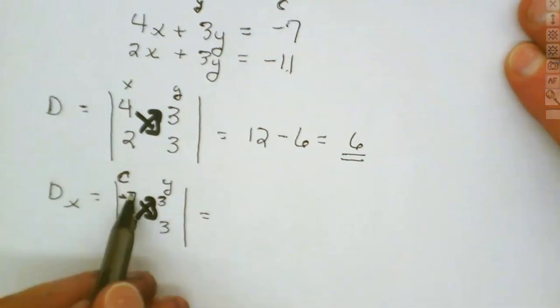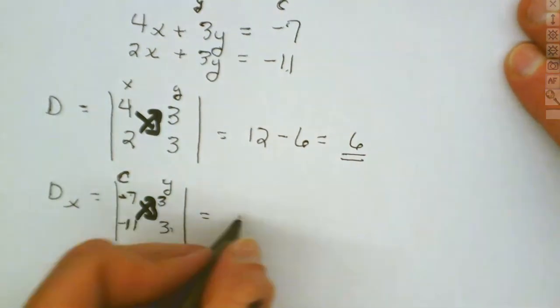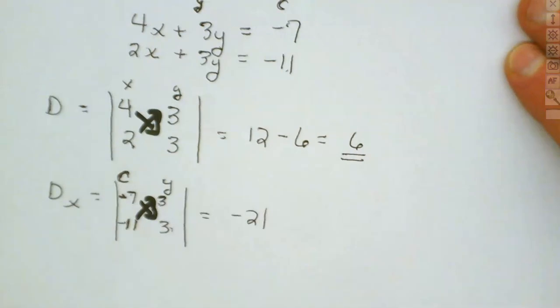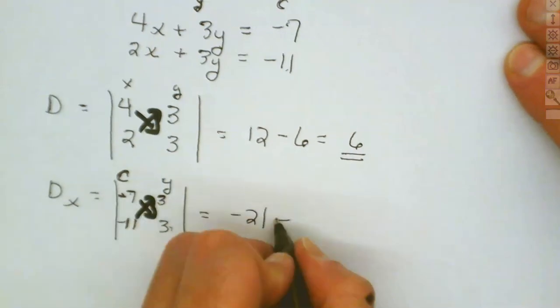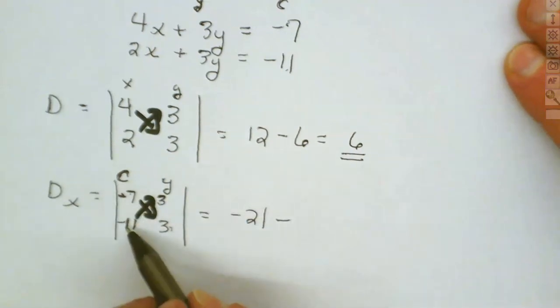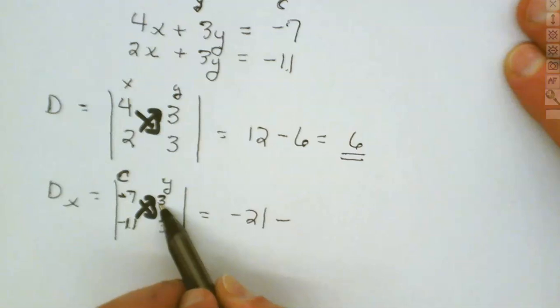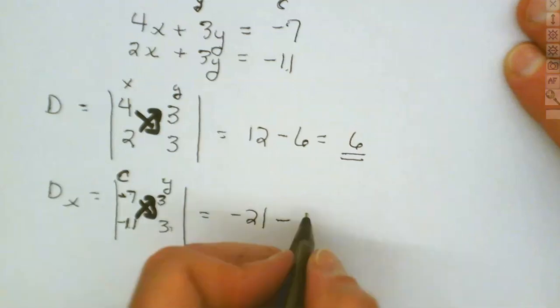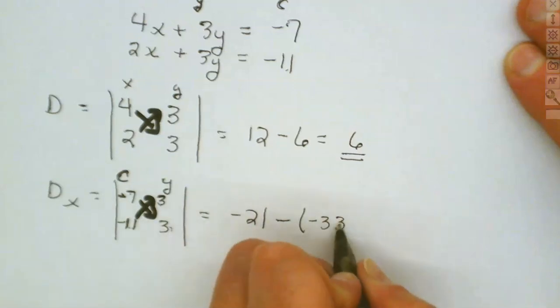Well, we have a minus 7 times 3. That's a minus 21. Now when we multiply up, what do we have? Bring up your negative here. Minus 11 times 3, that's a minus 33.